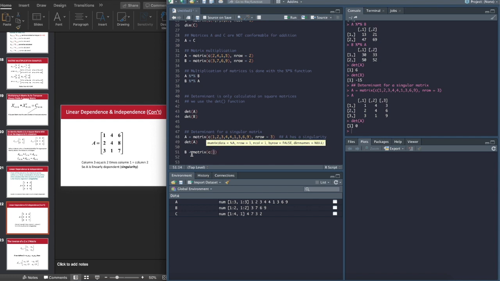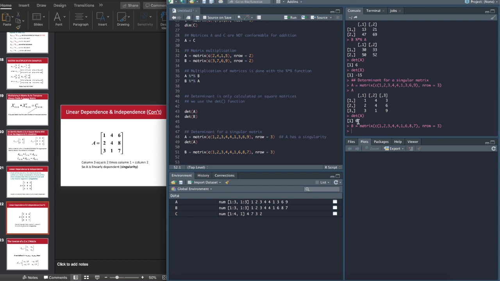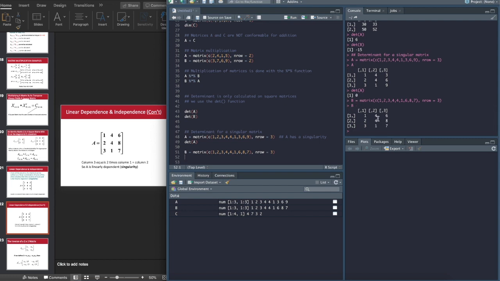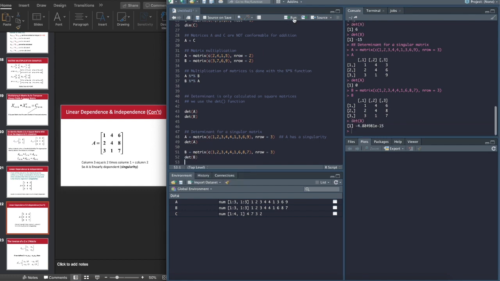I'm going to concatenate 1, 2, and 3, 4, 4, and 1, 6, 8, and 7, with the number of rows equal to 3, so that's matrix B. We said this is a singular matrix, so when we get the determinant of this matrix, it's also going to give us a 0. You will note that sometimes you will get a value like e to the minus 15, which is essentially a 0 up to precision. It's a different precision computed by the computer, but it's basically a 0.